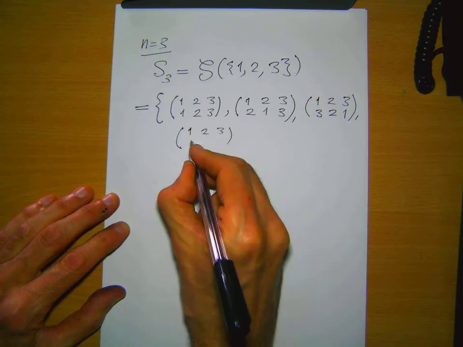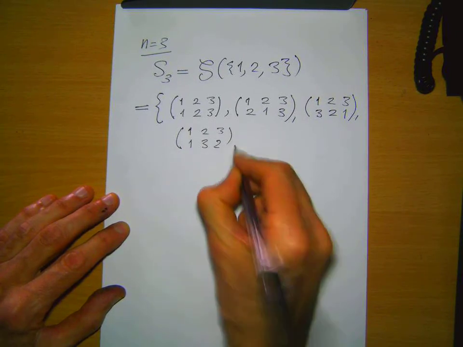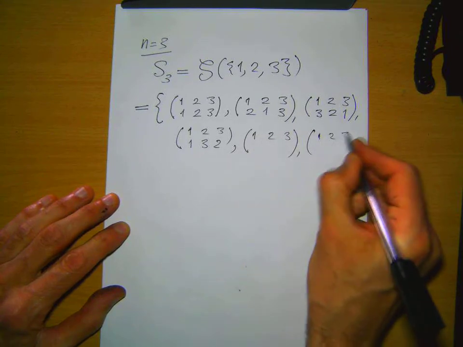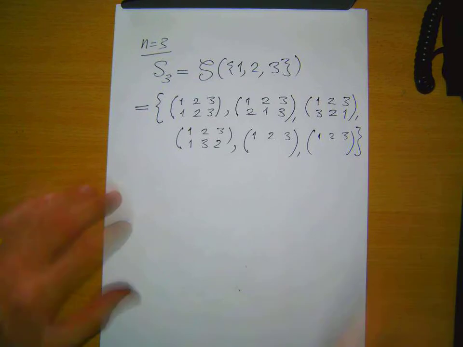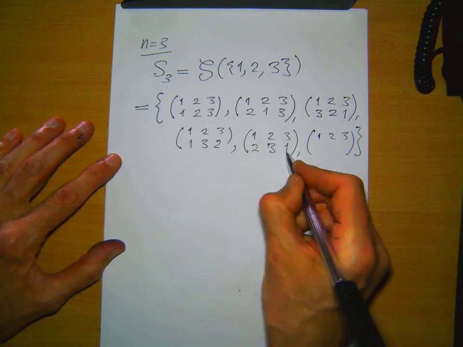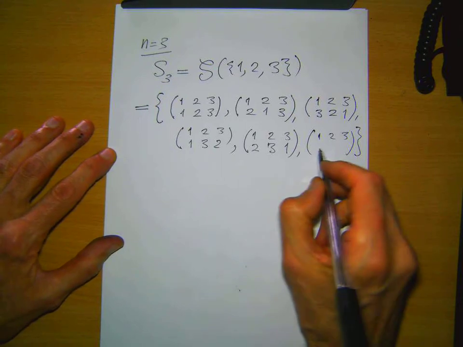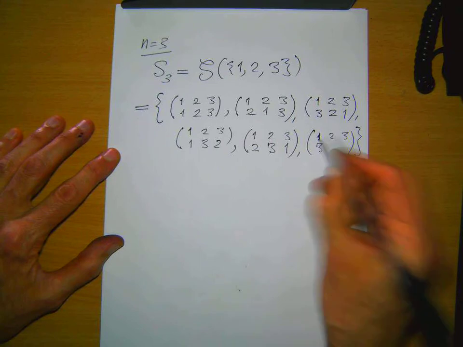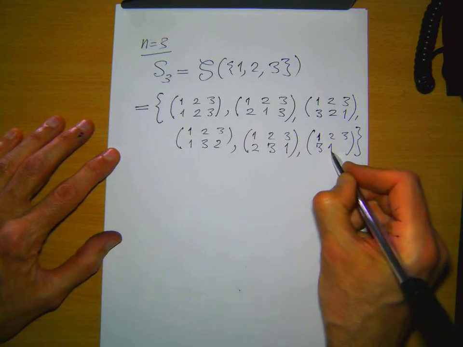Or I could swap 2 and 3 around. And then there's 2 other ones where 1 goes to 2, 2 goes to 3 and 3 goes to 1, or 1 goes to 3, 2 goes to 1 and 3 goes to 2.